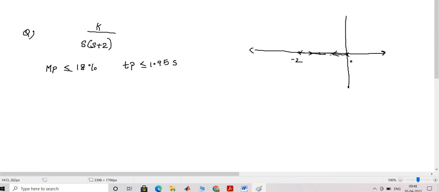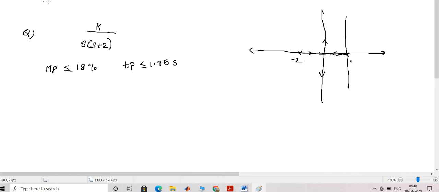After that, they meet at the breakaway point, and there they start moving asymptotically along the asymptotes. So this will be the approximate root locus of the given open loop transfer function.